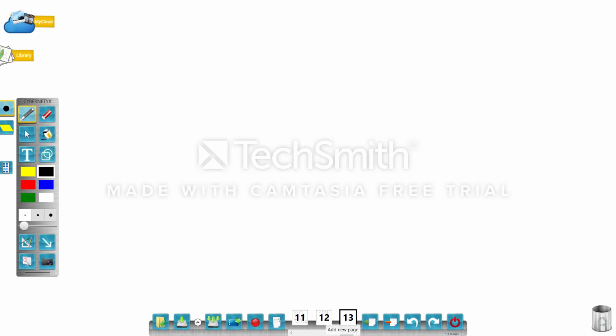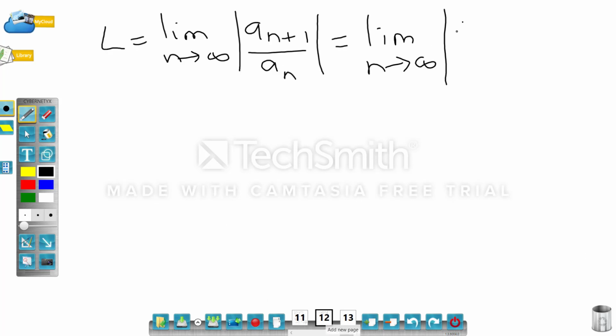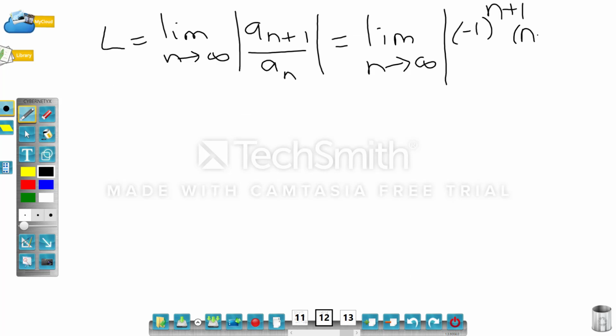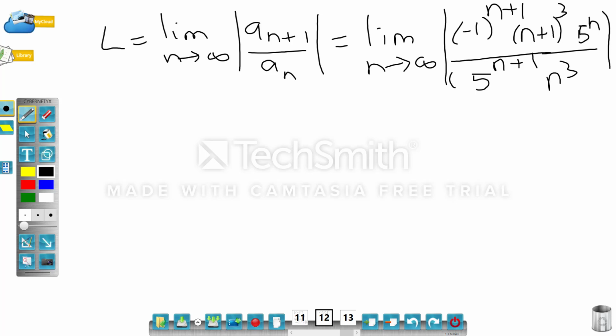When I'm writing in modulus, that anyway becomes a plus, and so it is (n plus 1) whole cube upon 5 raised to n plus 1, upon n cube into 5 raised to n, and in the denominator we will have (-1) raised to n also.